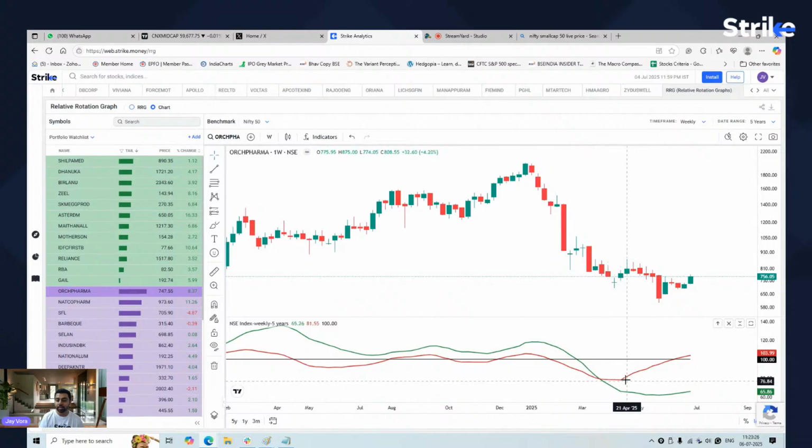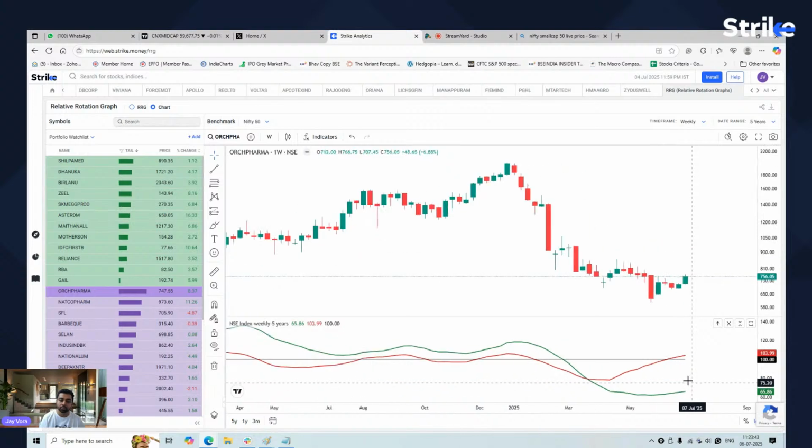You can see that the momentum has started turning around over here. Okay, and there is some positive divergence as well. I mean, despite the fall, the momentum is rising, which means that the pace of the decline is halting, right? And now you can see that some bit of outperformance from the RS is also happening.